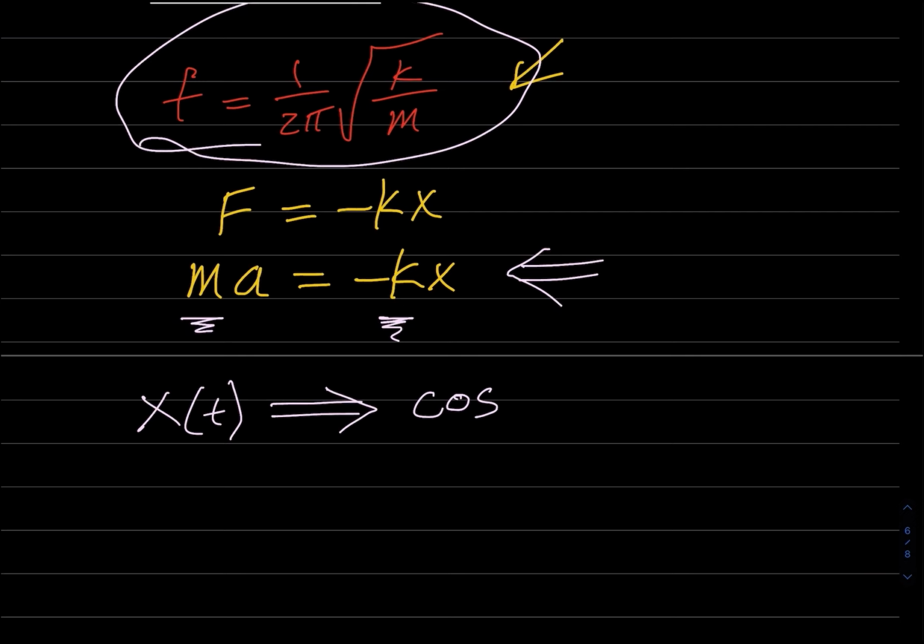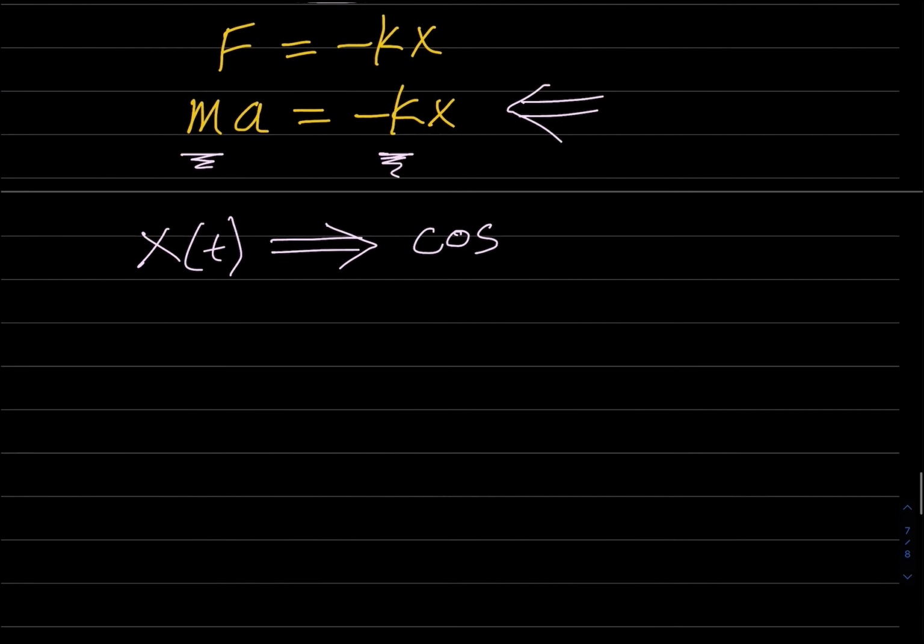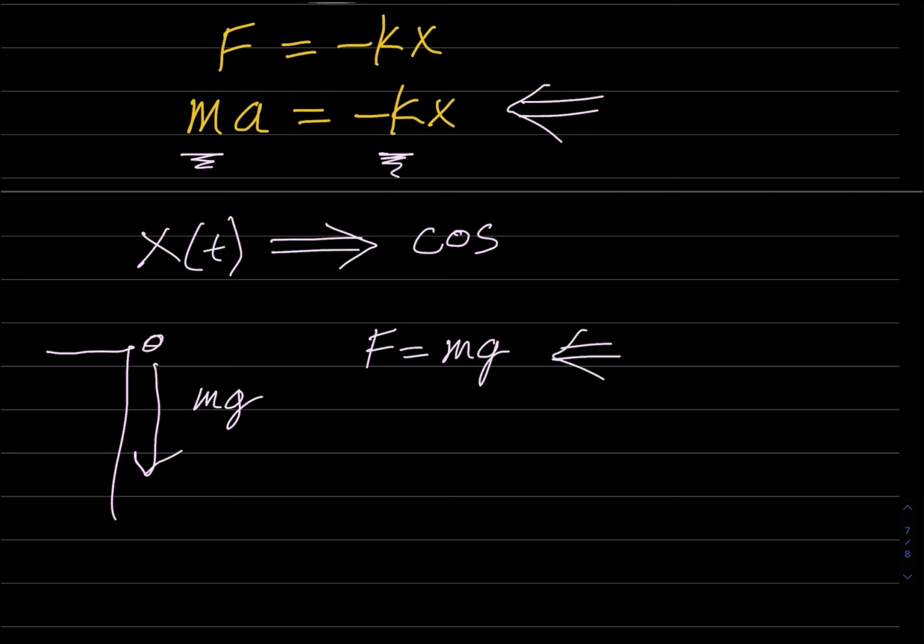We've already seen a differential equation, but you probably didn't recognize it as such. If you have a ball dropping off a cliff under a constant force of mg, we have F equals mg. And that is also a differential equation.